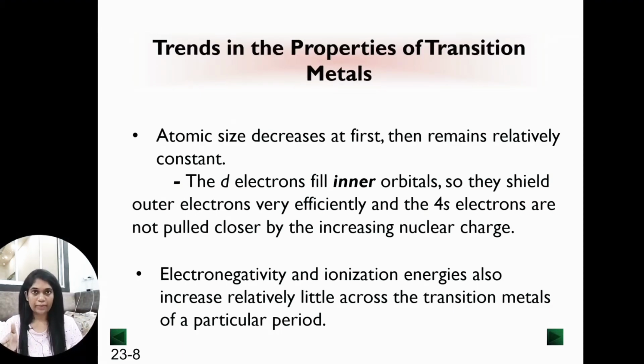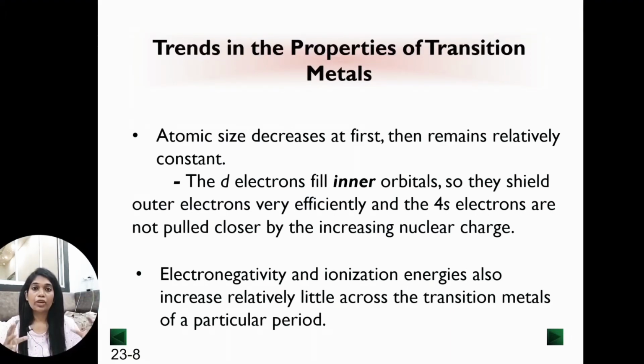From up to down, atomic size increases. Atomic size is inversely proportional to ionization energy. So from left to right in the periodic table, ionization energy increases.